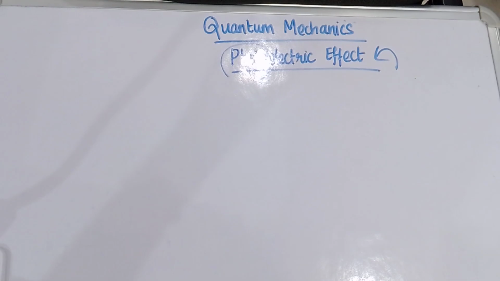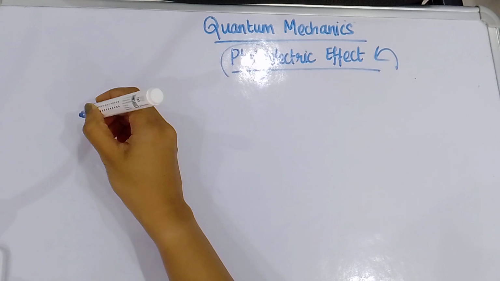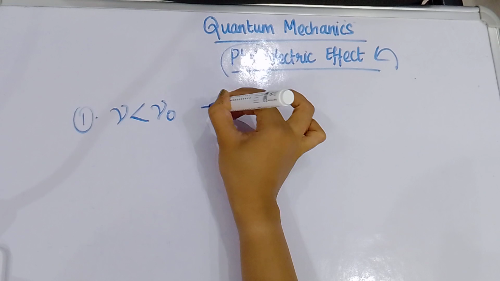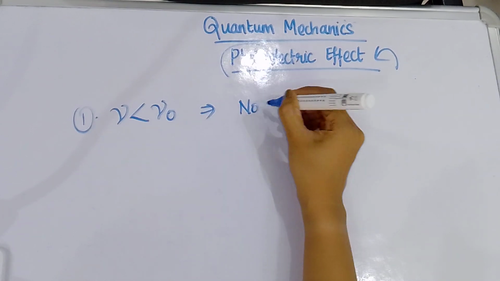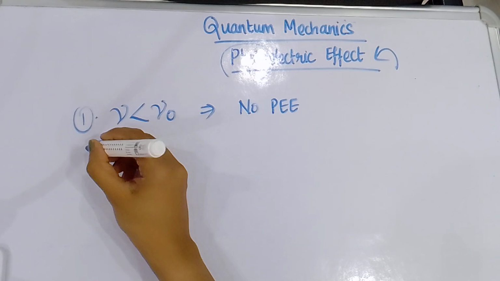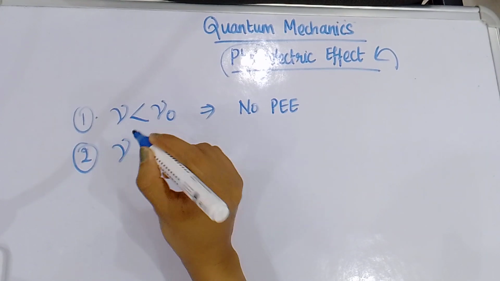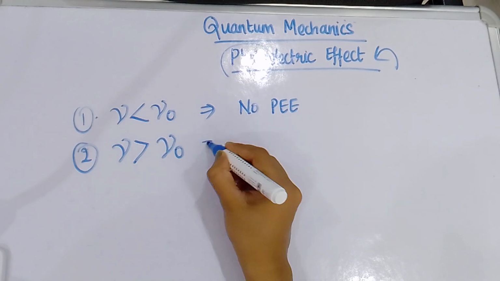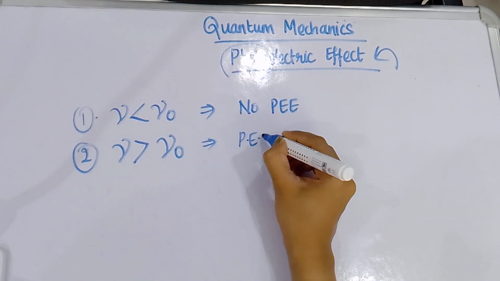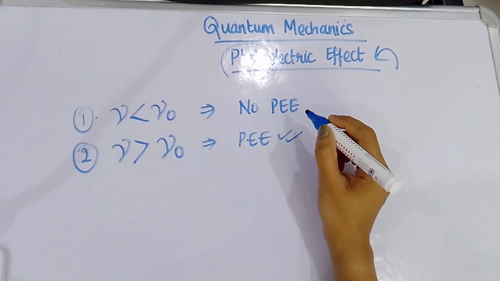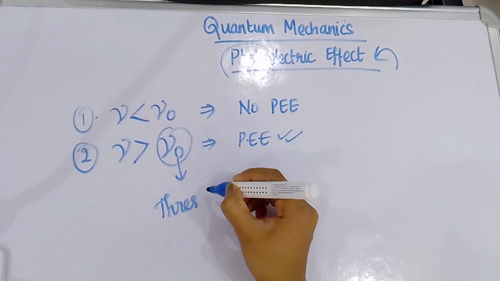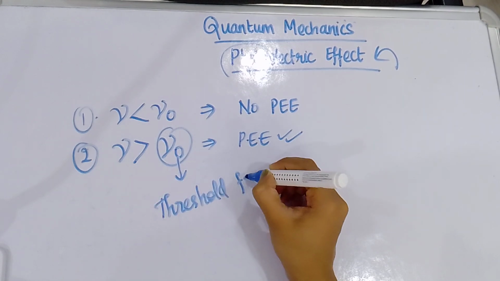Alright, to sum up, the experimental observation they found is that when the frequency was lesser than the threshold frequency, there was no photoelectric effect. But when the incident frequency of the photon was greater than the threshold frequency nu naught, then we could see the photoelectric effect. This frequency is known as the threshold frequency.